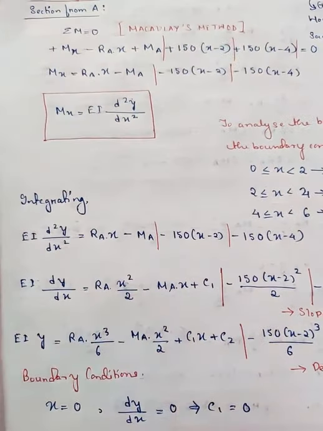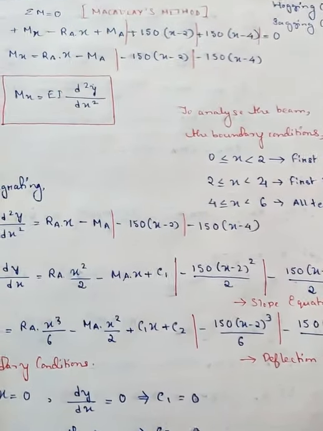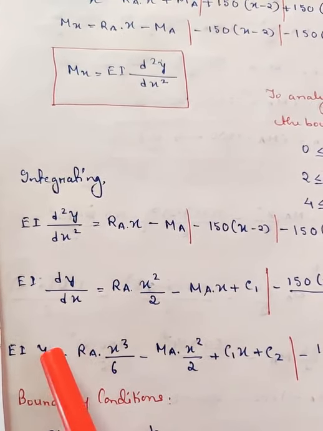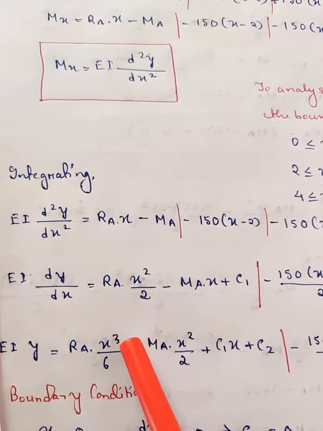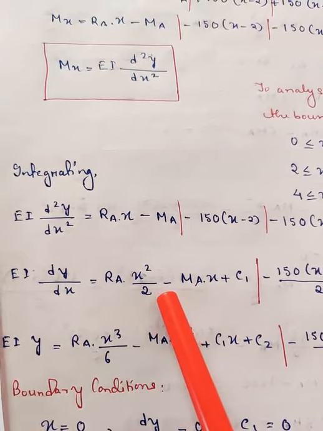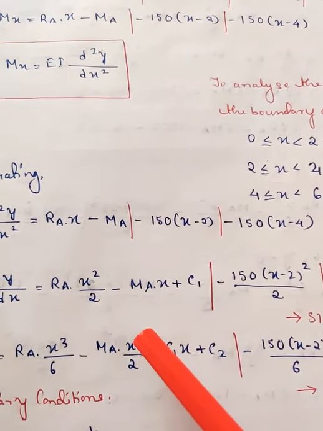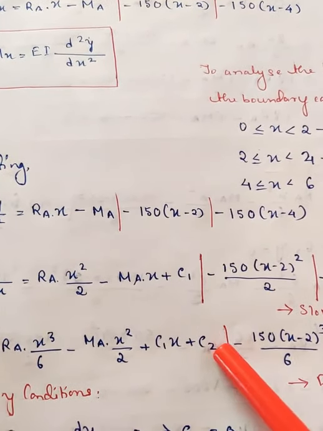And to find the deflection equation, we will again integrate this slope equation. As you can see, integration of dy/dx is y. Then again here one power will increase and this power will come down. Here already 2 is there, hence it will become 6. Similarly here also one power will increase, then here another variable will come, along with it one constant will come.